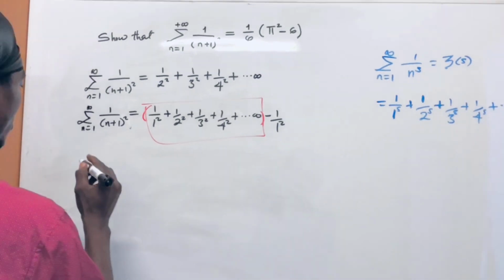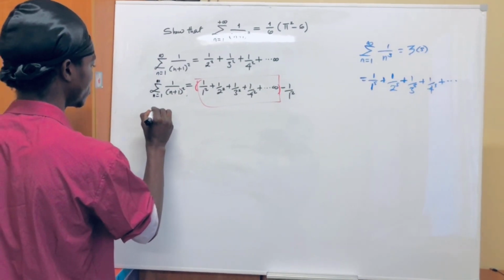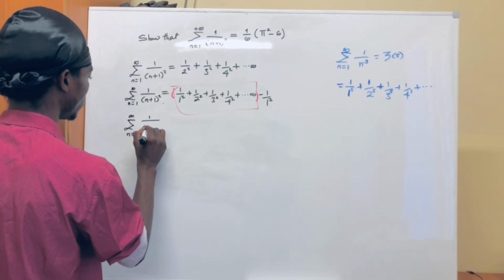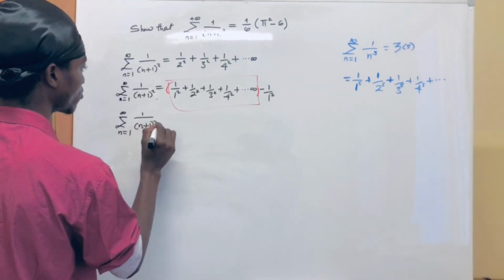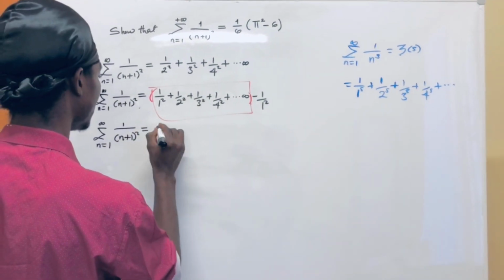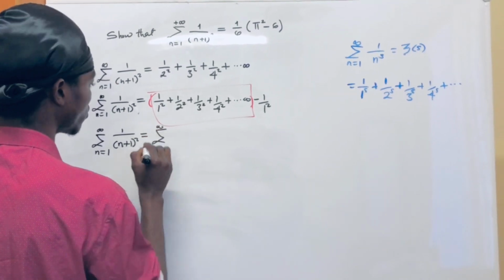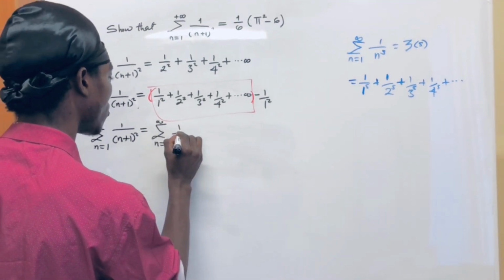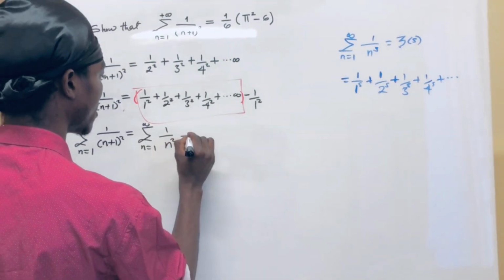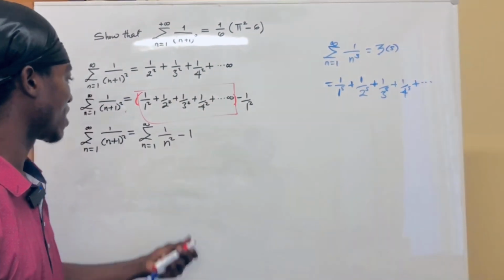So now we will have the sum from n equals 1 up to infinity of 1 over (n plus 1) squared to just be equal to the sum from n equals 1 to infinity of 1 over n squared, but what? Minus 1, because 1 over 1 squared is just 1.